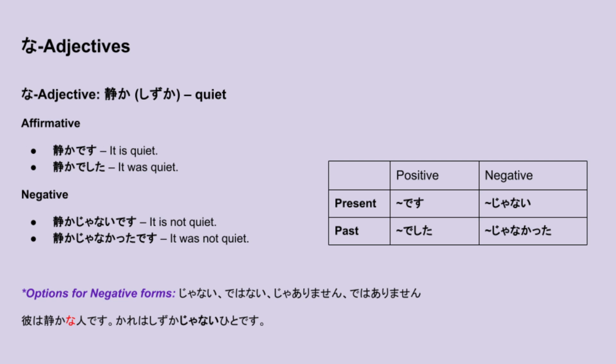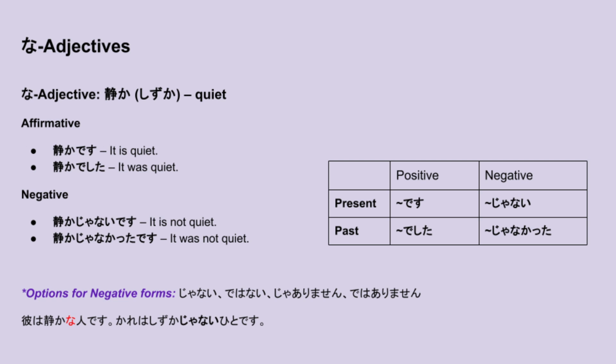In those cases, you already have the masen form, which is already polite, so you don't add desu to the end of it. I've said this in a past lesson, but you can only be so formal. That's the way I think of it, at least. So it would be shizuka ja arimasen, no desu at the end.